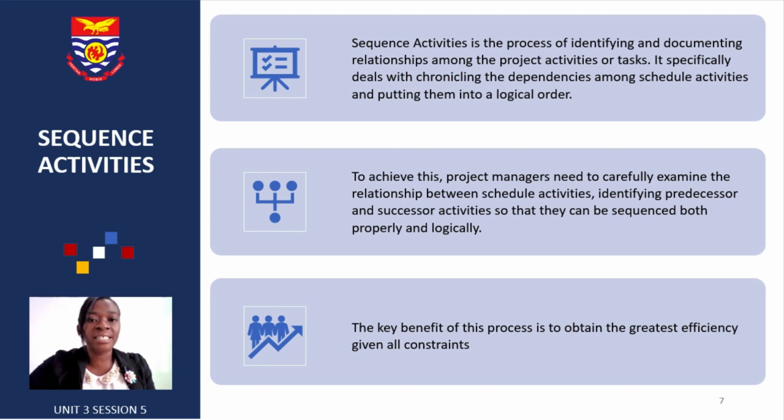And so this is a process of actually identifying and documenting relationships amongst the project activities or tasks. It specifically deals with chronicling the dependencies among scheduled activities and putting them into logical order.